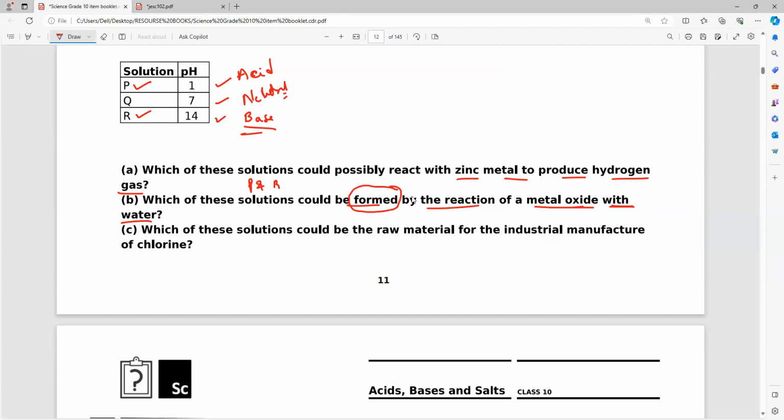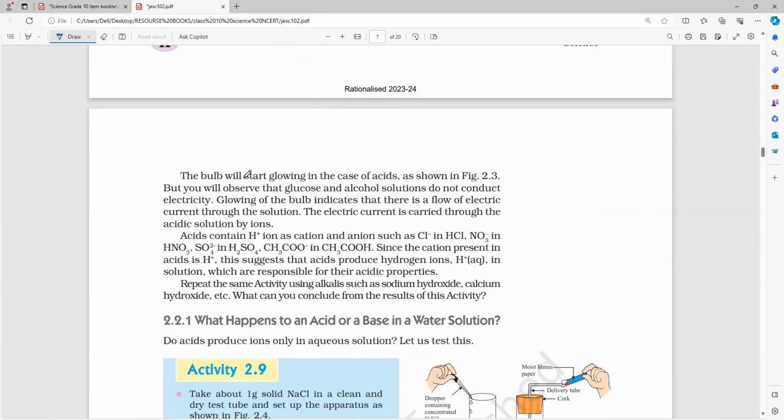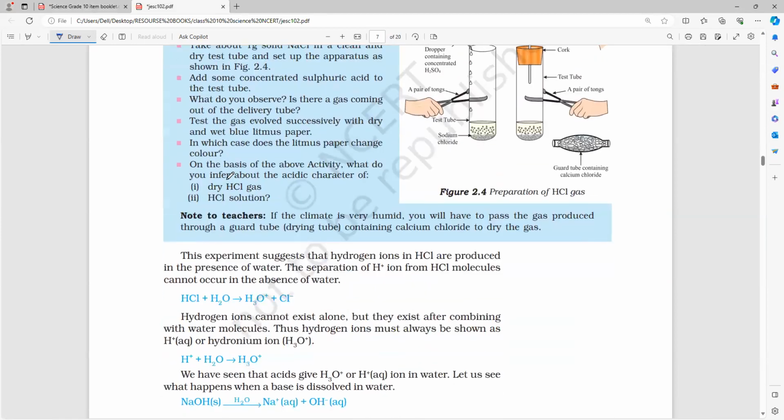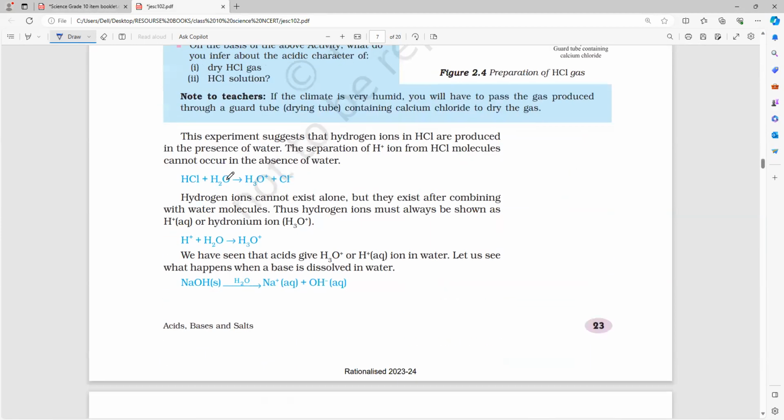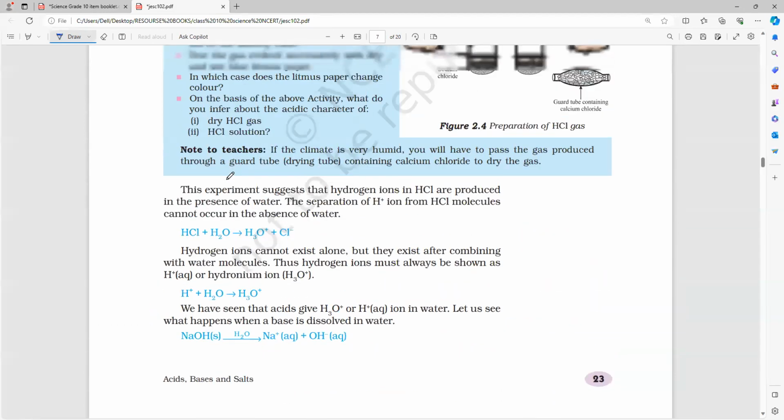Any example, please? Metal oxide with water, it will form what? Anyone? Is there any example in the book, Hari? Hydroxide. Is there any example in the book? No? Then page number 6.